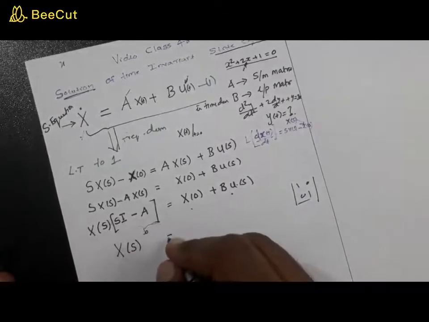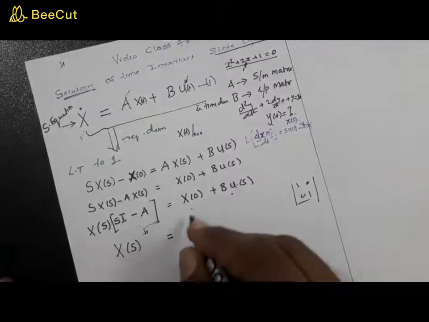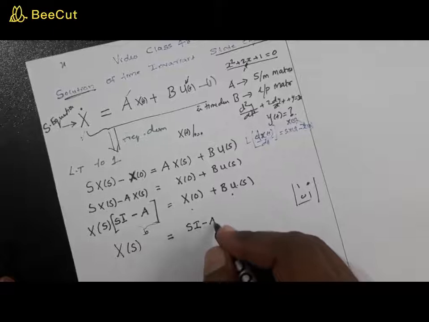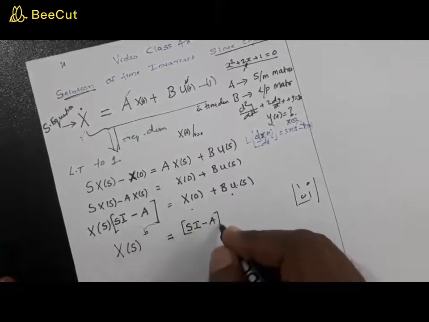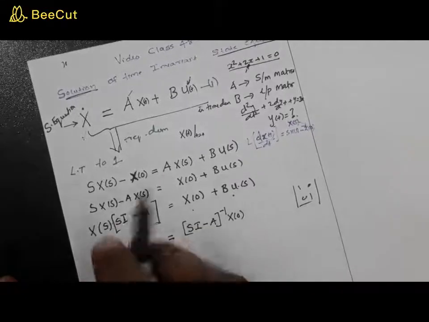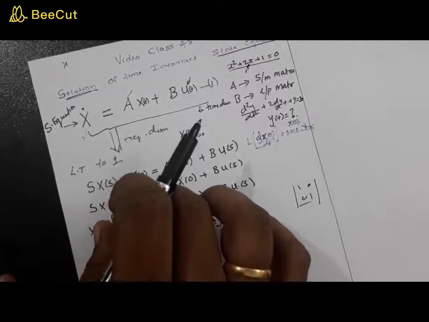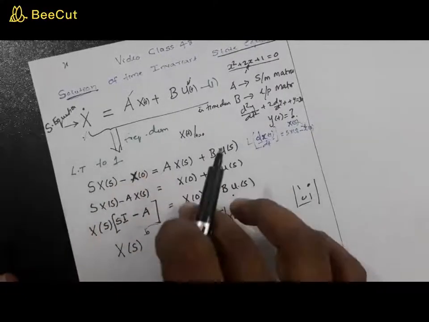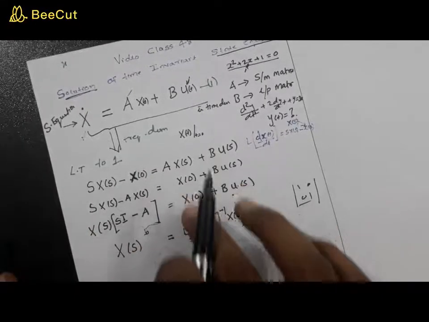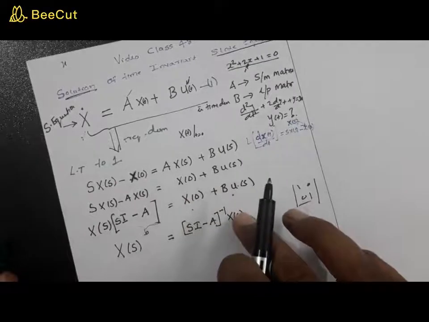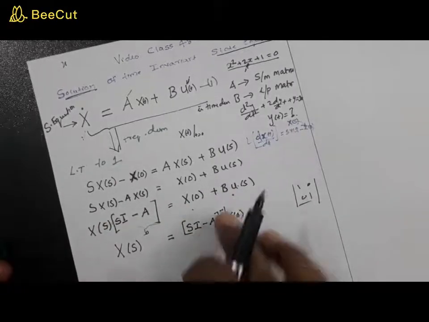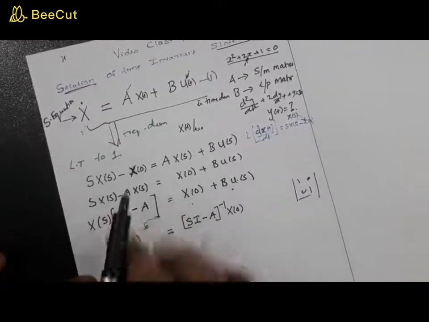So what you do is, keeping the multiplication rule of matrices, this will be sI minus A inverse into x of 0. This is simple. Now assume that this is just a constant. If it would have been a constant, you would be dividing by b. So when the matrix reaches over here, you should consider that as the inverse of this matrix.